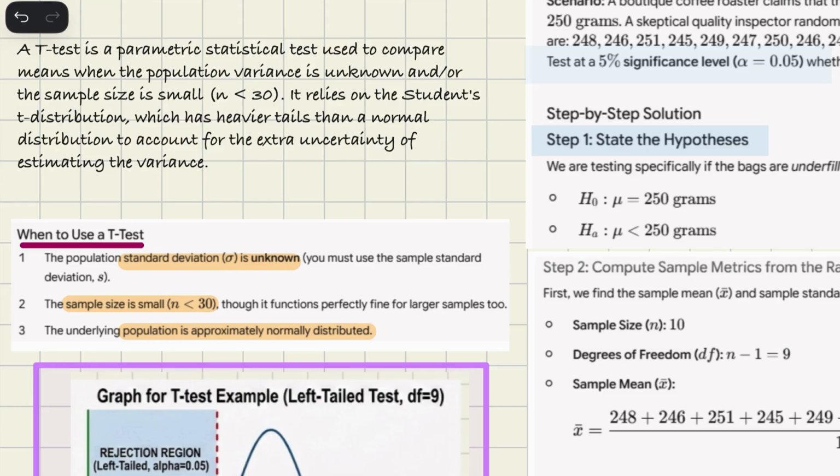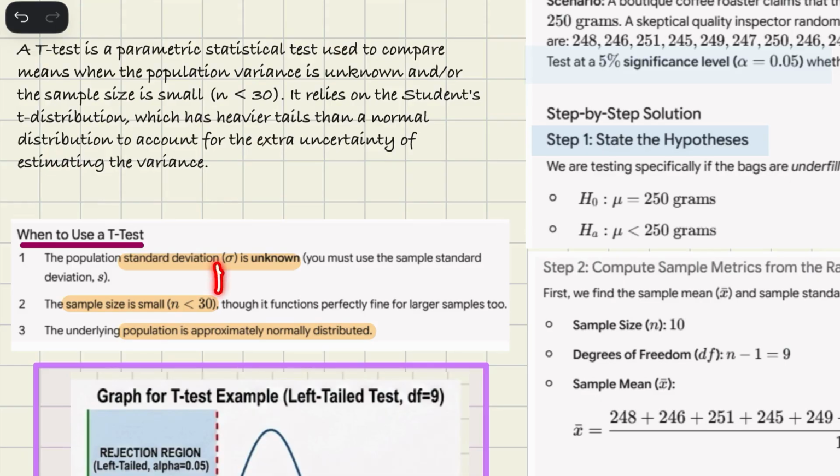All right, so first the standard deviation is unknown, then the sample size is less than 30. You cannot rely on the central limit theorem to smooth things out into a perfect normal distribution, right? But what if the sample size is large, but the population variance is still unknown?